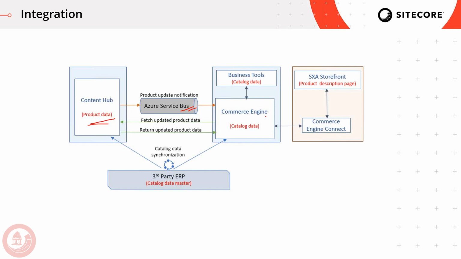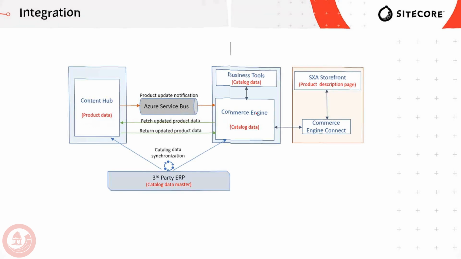In your commerce engine, as an example, in Sitecore Commerce, if you're familiar with it, you can create your own plugins, and then you can create a custom plugin and add your Service Bus listener code that will listen to these messages. As an example, this product has been updated. Okay, let's sync it from Content Hub into Sitecore Commerce, creating our commerce entity. This is basically a simple integration utilizing what we have in Content Hub, Service Bus, and the commerce plugin.